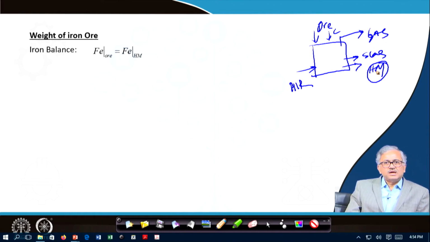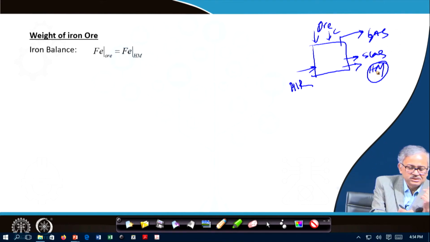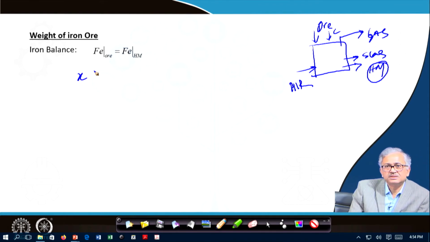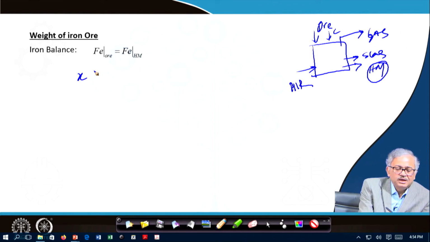If you know the ore, you can easily calculate the iron through the ore. Say x kg of iron ore is required, and out of x kg, 90% is Fe2O3, so the Fe2O3 is x times 90 by 100.